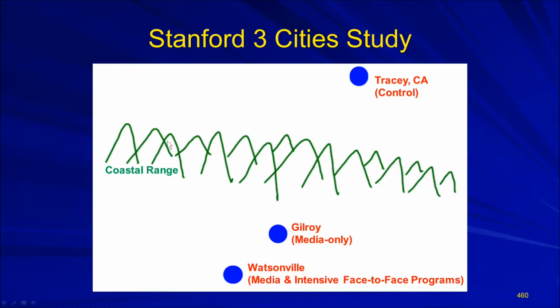Now, one of the main problems of any community intervention is contamination.